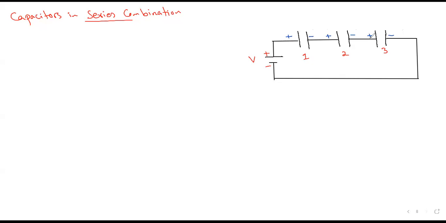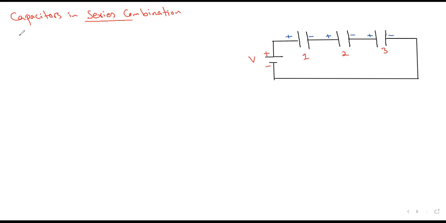Not conduction, it's basically the phenomenon of induction. So this positive charge will induce negative charge on the other plate, and this negative will in turn induce positive charge over the next plate, and the process goes on for all the capacitors.